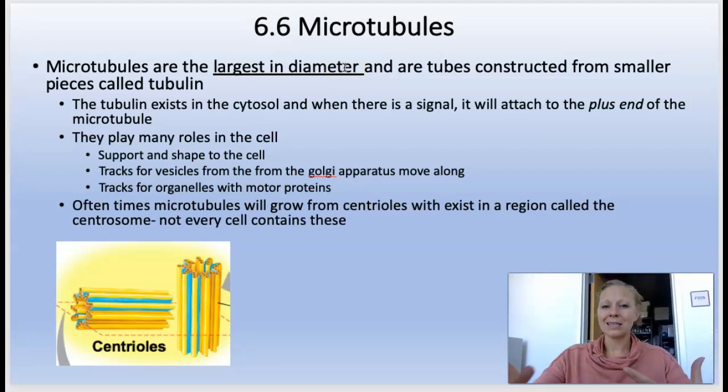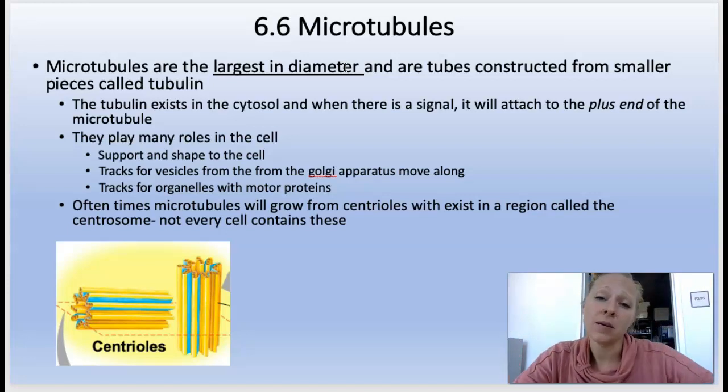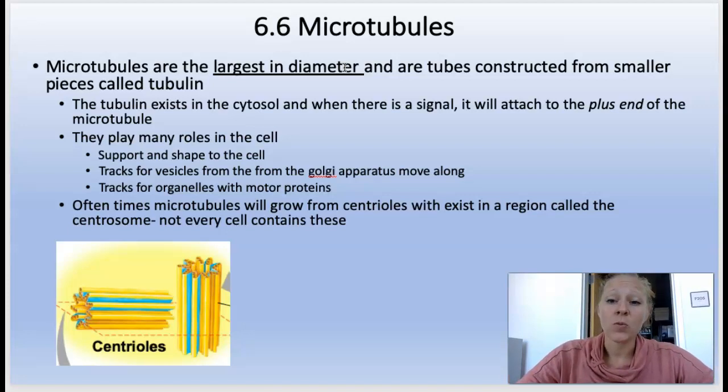The tubulin exists in the cytosol, and whenever there's a signal, it's going to attach onto the plus end and it's going to grow. So this is how it's going to assemble: this one side is going to grow.